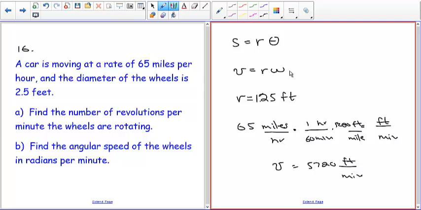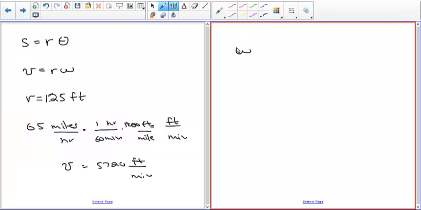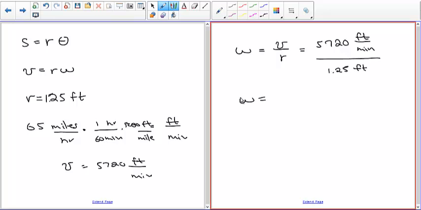Now what we're going to try to do is calculate this rotational speed. So if you divide the velocity by the radius, so the velocity is 5,720 feet per minute, and you divide by 1.25 feet, you get 5,720 divided by 1.25, which is 4,576.